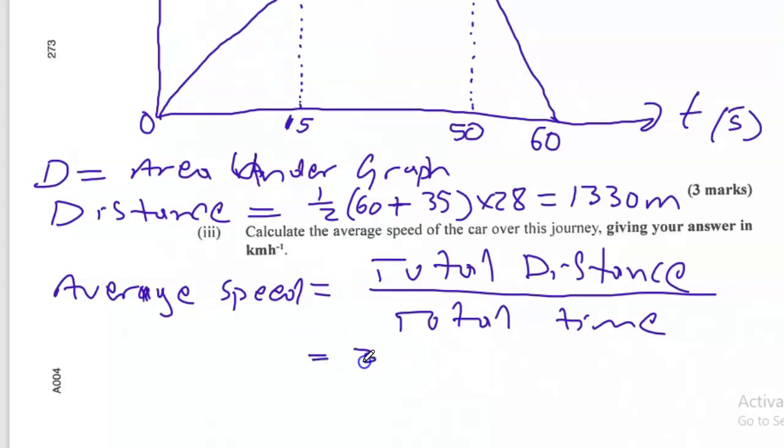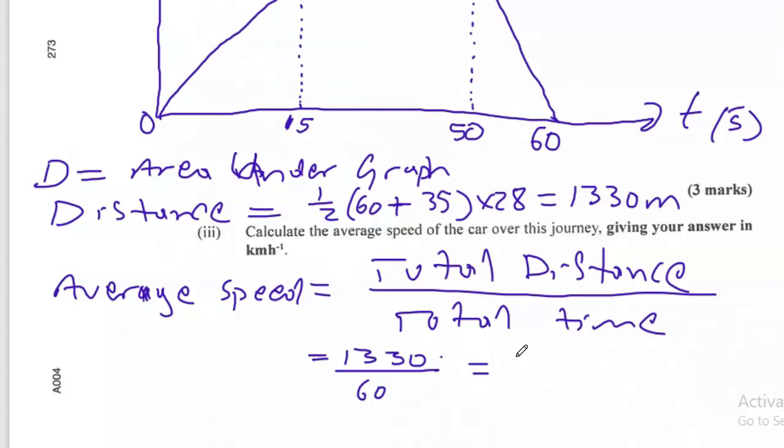And what's the total time? The total time was 60 seconds. So 1330 divided by 60.